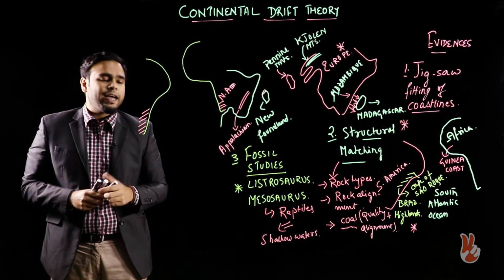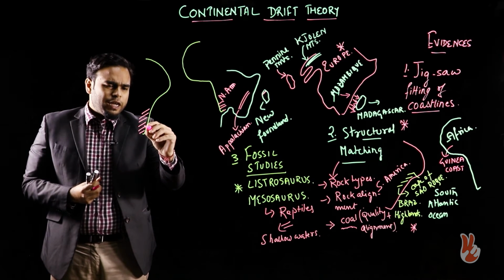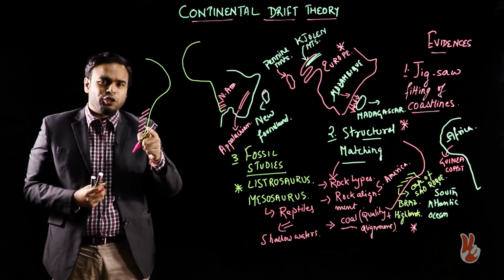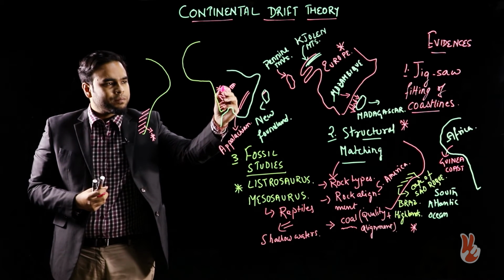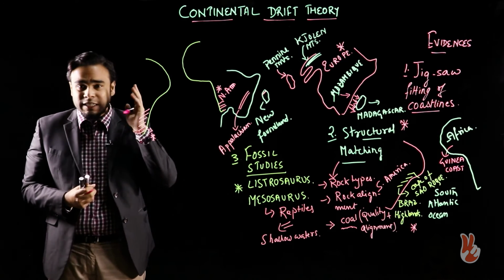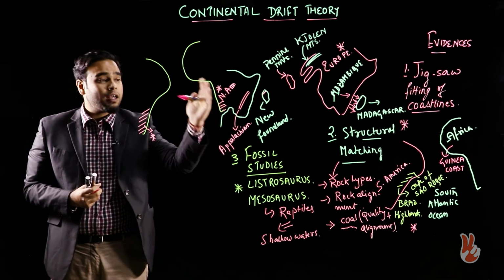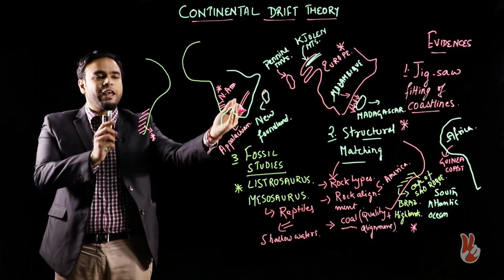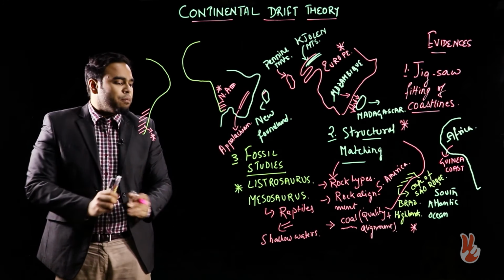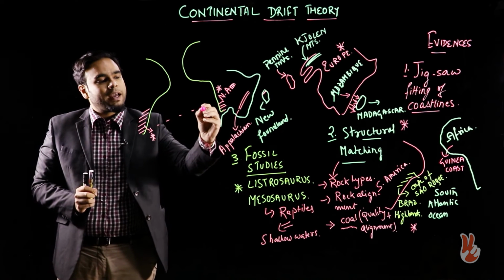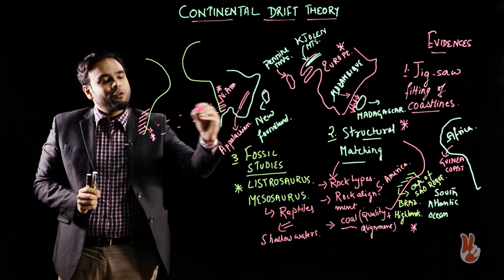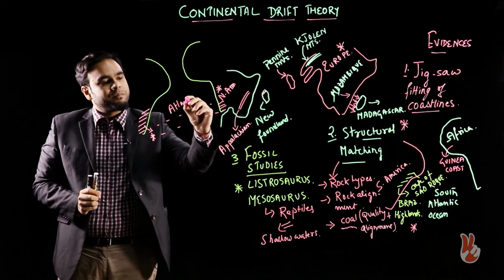Now Wegener said that if Lystrosaurus and Mesosaurus are found here, how can they be found here? They can be found both in South America and in Africa only if they were once part of the same continent, because since these are reptiles of shallow waters, it was impossible for these reptiles to travel through the Atlantic Ocean.